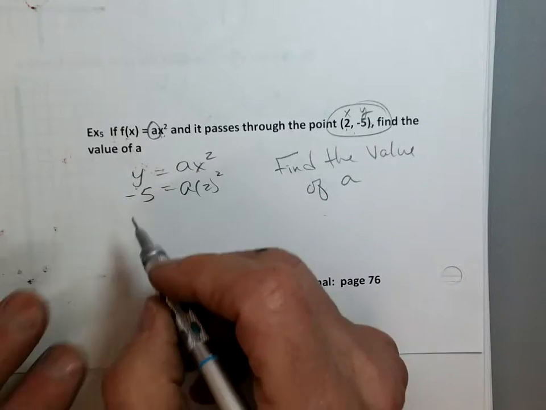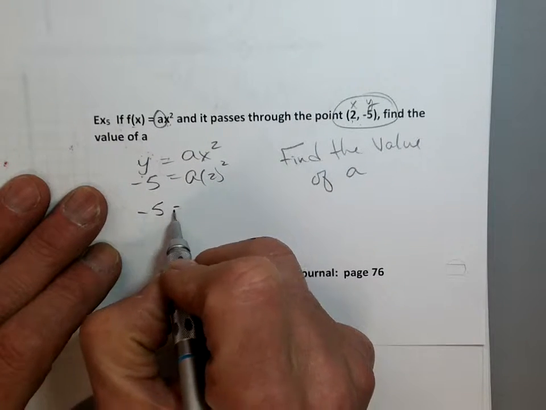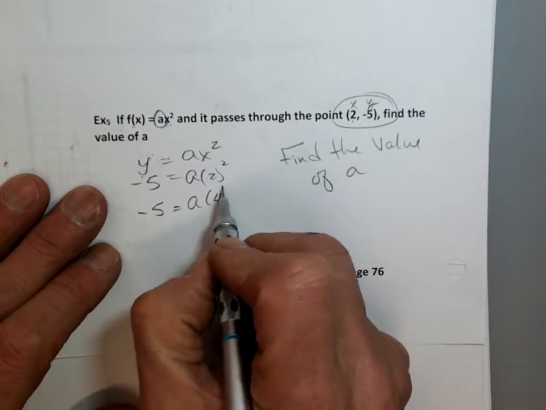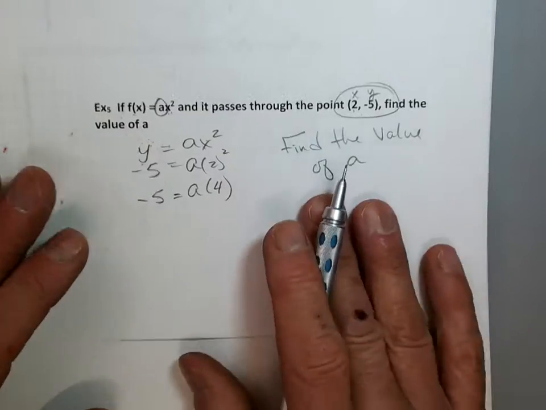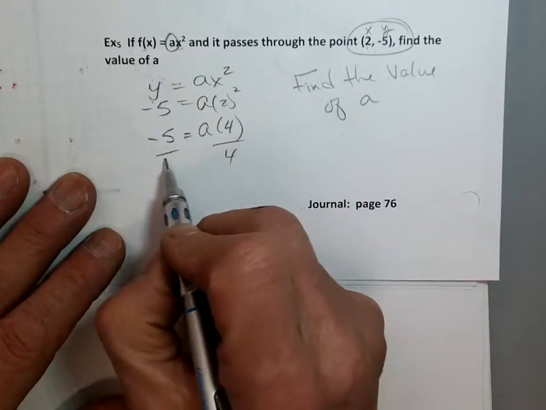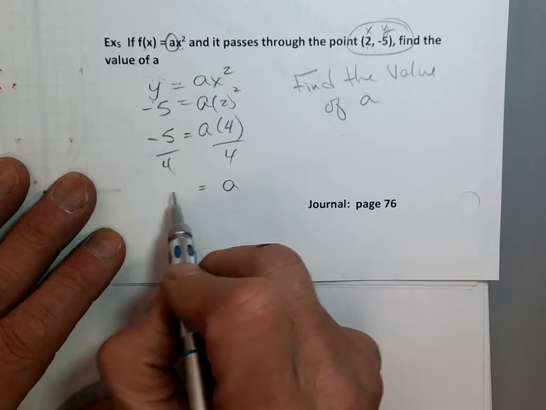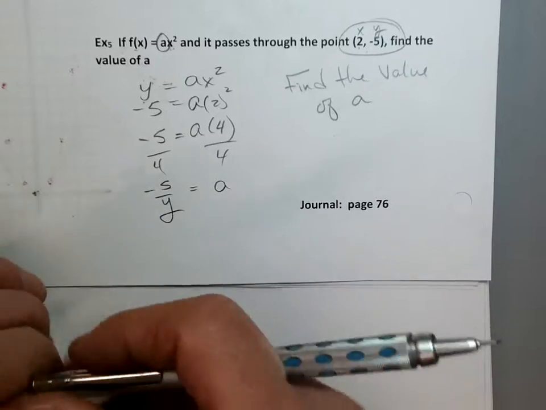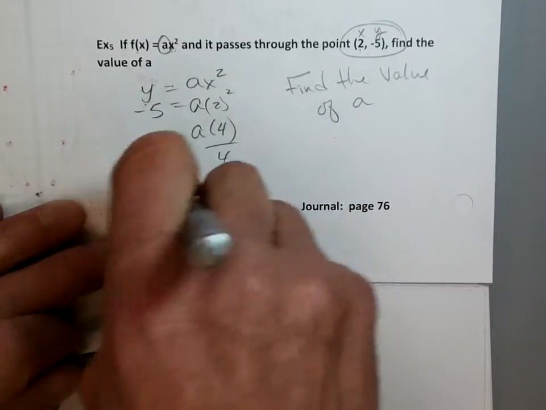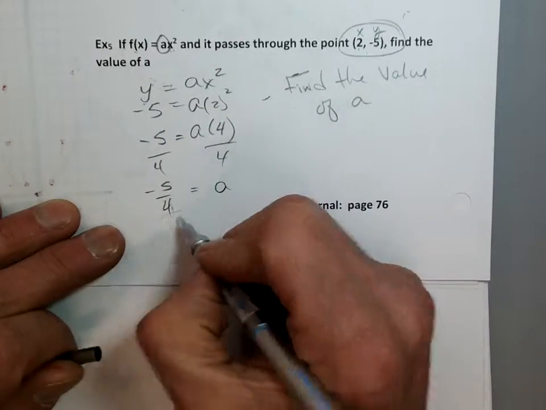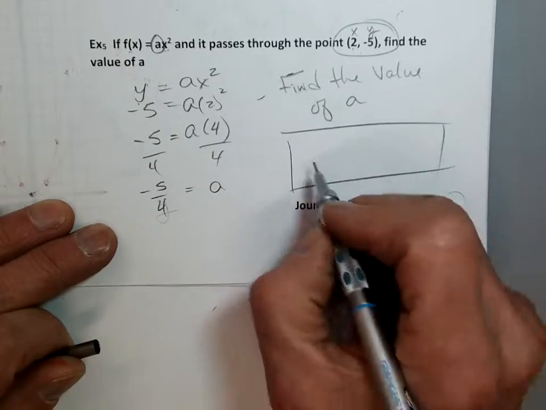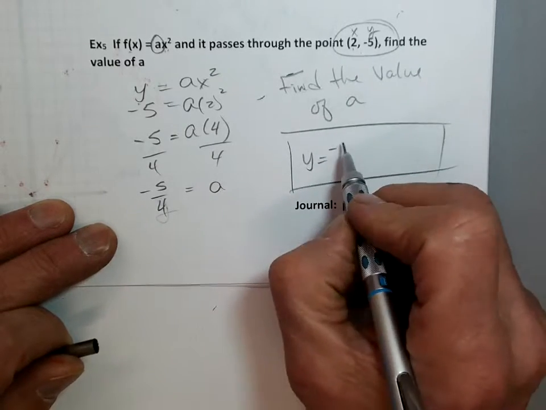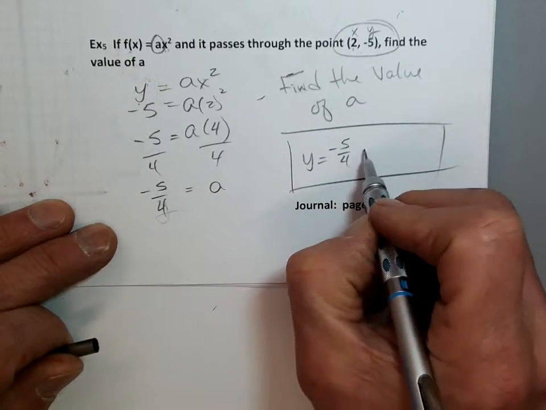Okay, so to solve, -5 equals a times 4, because 2 squared is 4. Divide by 4, divide by 4, a is equal to -5 fourths. Oops, I don't know why I wrote y. So this equation should be y equals -5 fourths x squared.